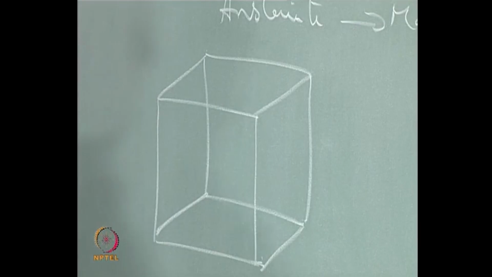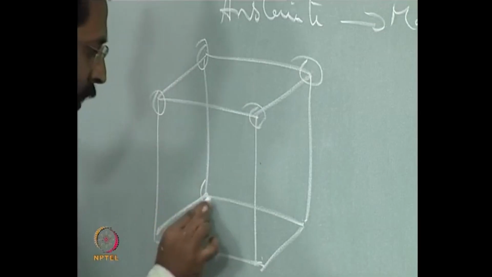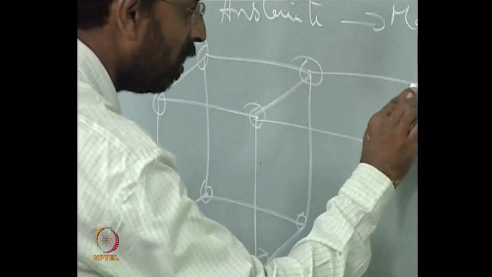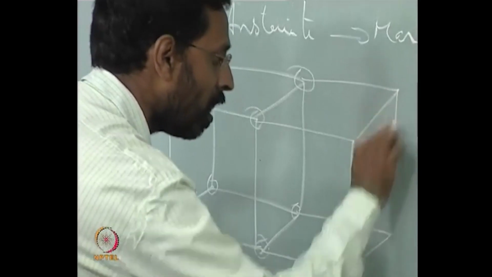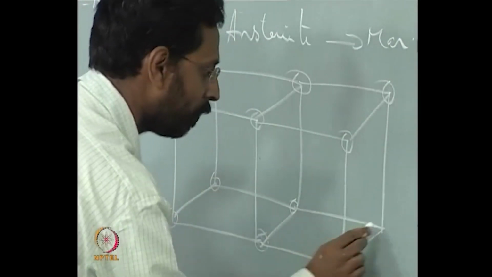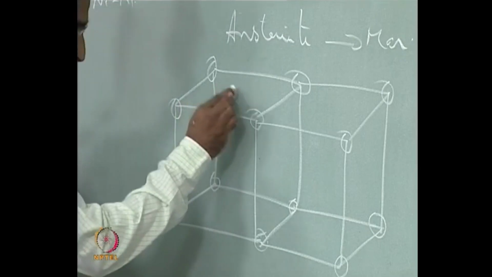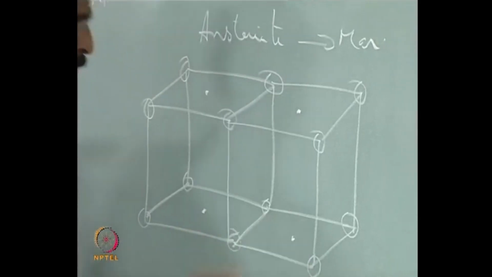if you look at this, what you see is in principle, if you start thinking of lattice points here and then extend this to one more unit cell like this, and look at these two unit cells together, and if the unit cell is a face centered cubic, that means you have a lattice point here, here, here, and here.